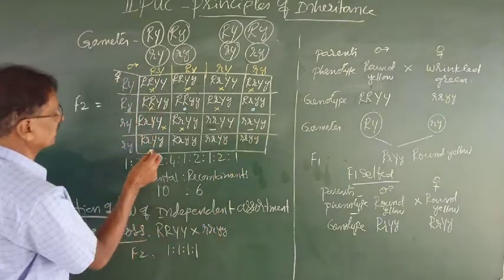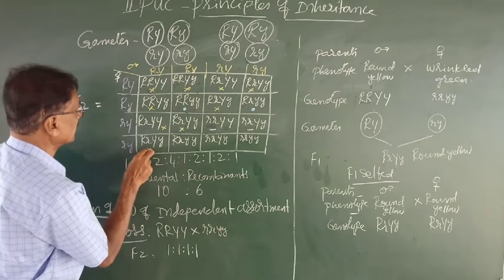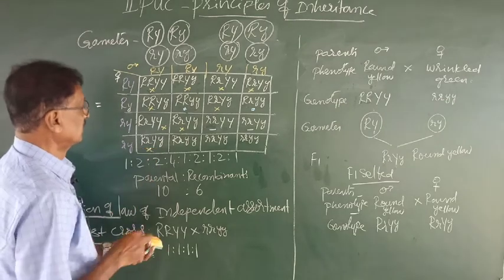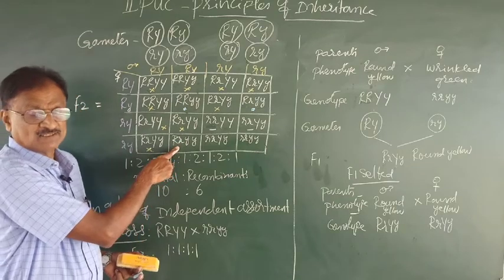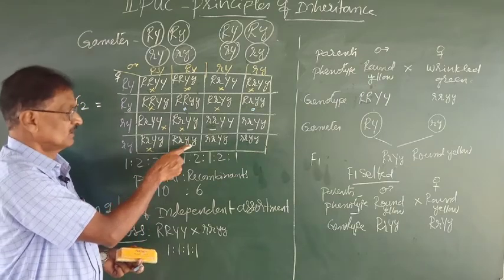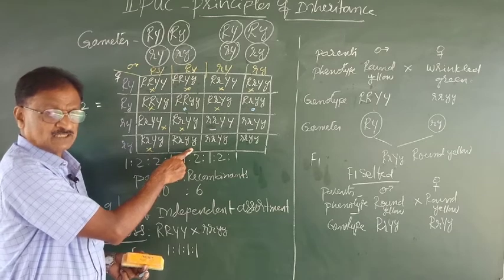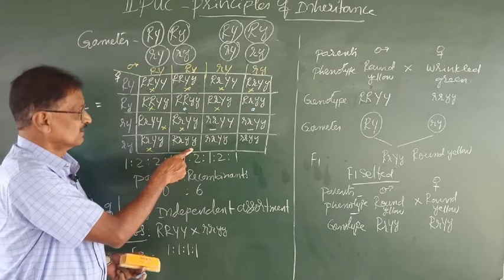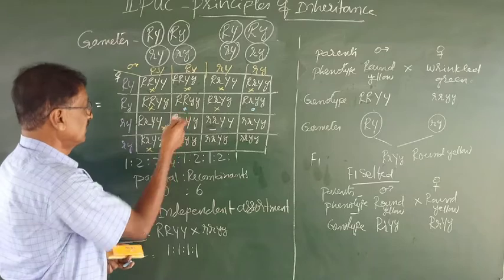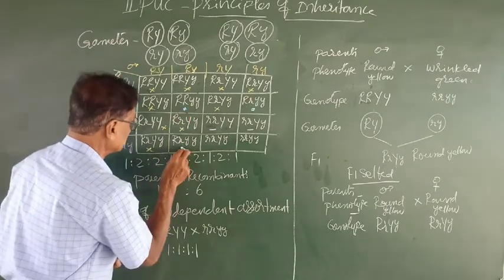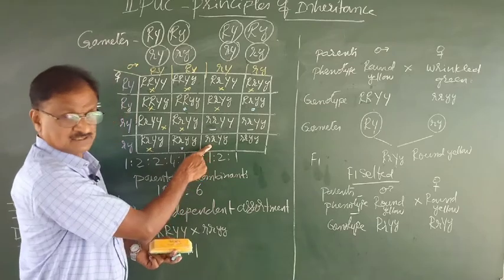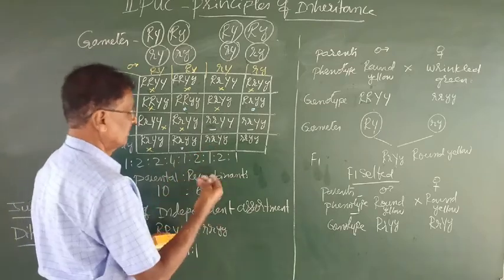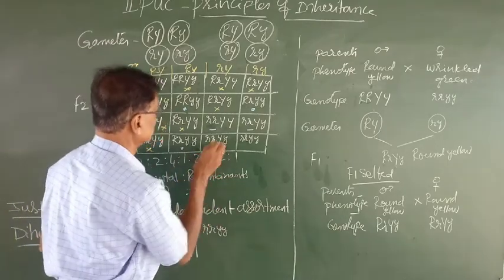What may be this one? This is again round yellow. This one, capital R is there, thereby it is round, but small y stands for what? Green. That means recombinant, and the sign is this one. Here this one is wrinkled yellow, and the sign is this one.